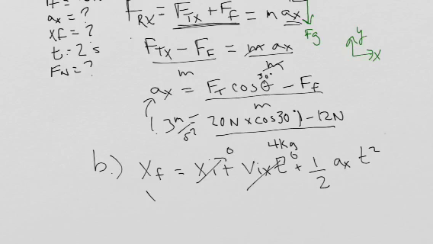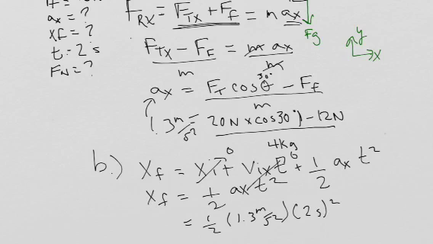I'm left with xf equal to 1/2 axt squared. I input my data. That's 1/2 times 1.3 meters per second squared times 2 seconds squared, which ends up giving me a distance of 2.66 meters.